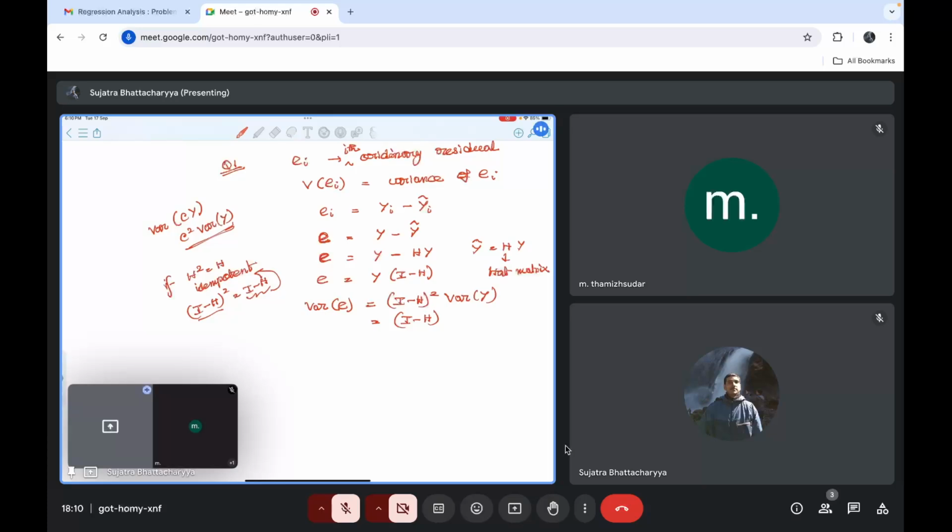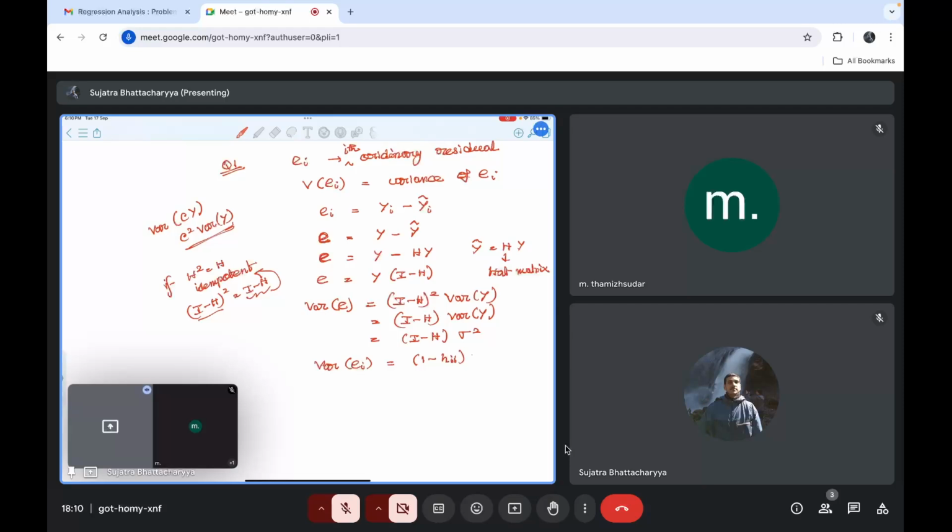So (I minus H) whole square can be reduced to I minus H, times the variance of Y. Now the variance of Y is sigma square. For the variance of EI, the ith ordinary residual, I minus H reduces to 1 minus HII, only the diagonal element, not the IJ.